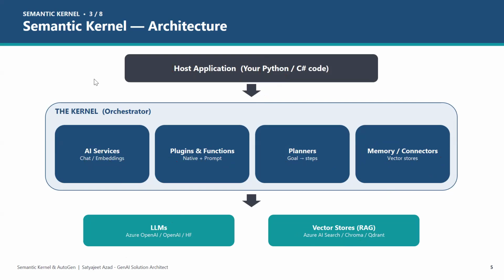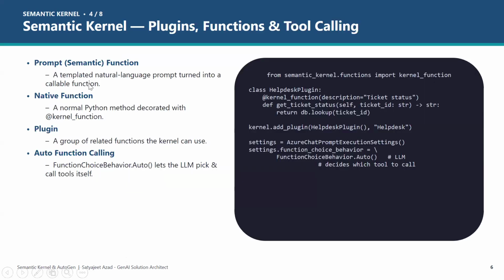Let me move to something we have seen in this PPT. When you say prompt, it is called semantic because it's in natural language, whatever you write. And we call it a function because we want a template that we do not want to change.